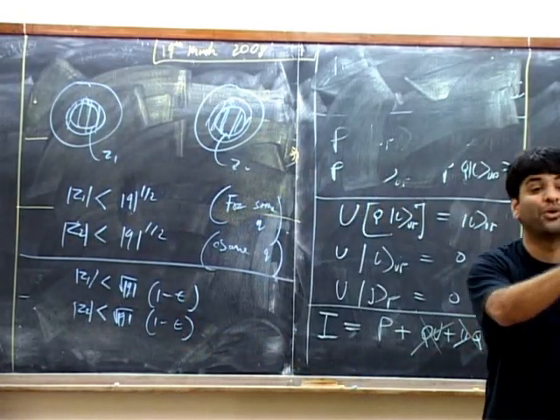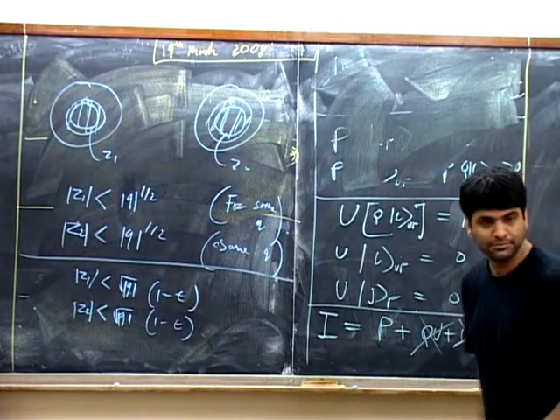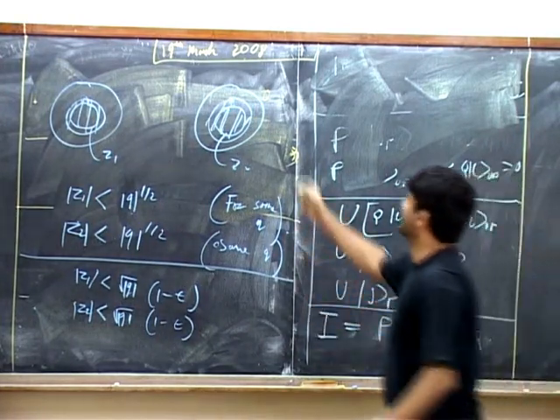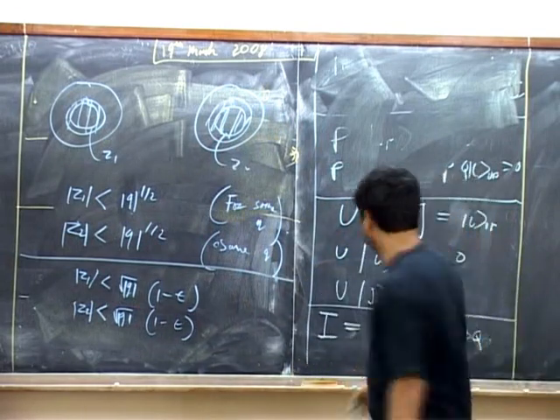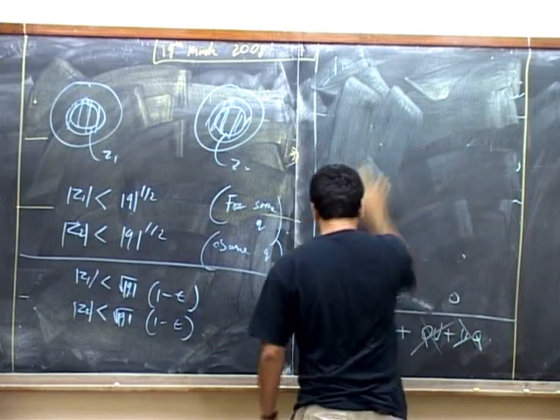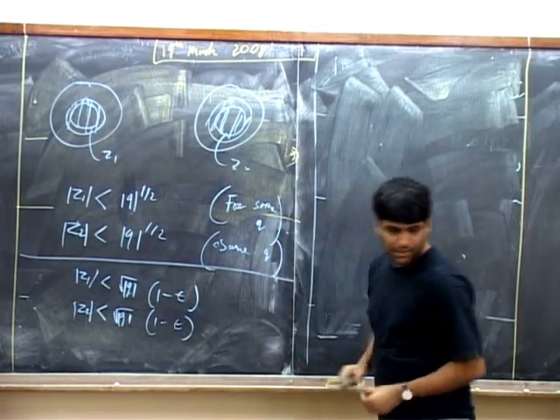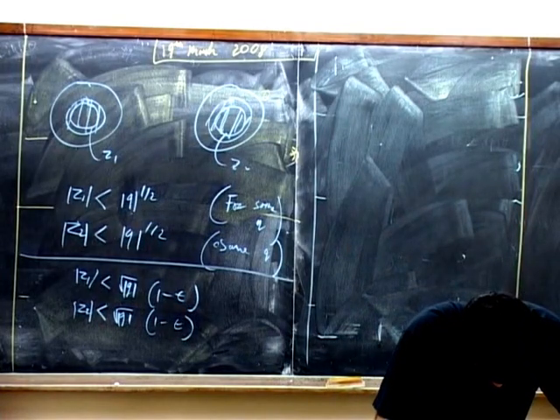That identification now joins these two things. This remaining part is the tube, the tube that joins them. So we identify points according to the formula.